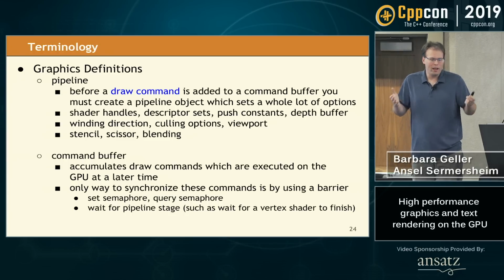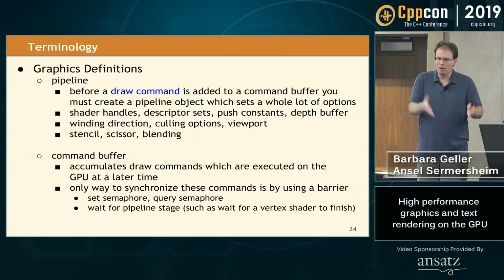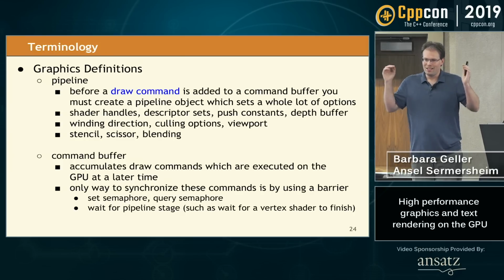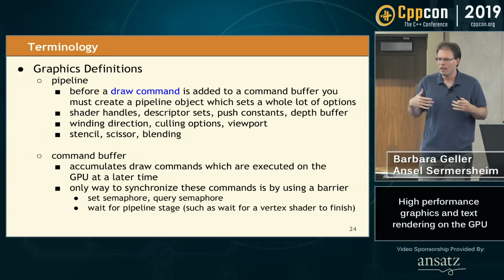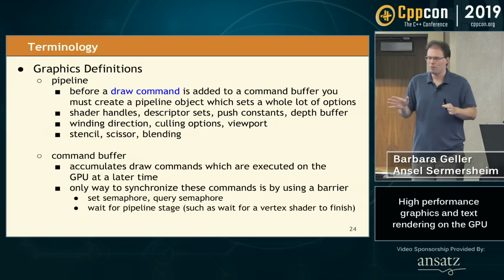Well, what do you do with a bunch of drawing commands that you want to execute? Well, you have to put them in a command buffer. And a command buffer is a structure that you can put commands into and then send them to the GPU so they get executed. Now, the GPU is not synchronous with the CPU, and we don't want it to be, remember?